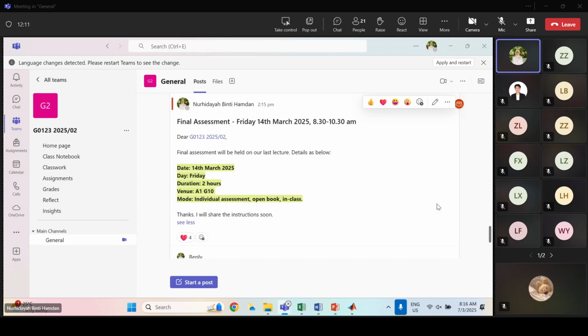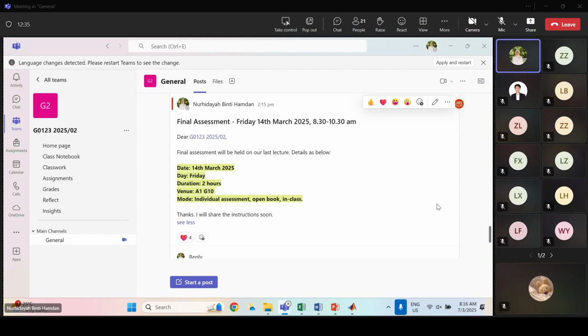I will put your seat number randomly, and I will paste your seat number outside of the class. You will bring your laptop and also all of the material that you want to bring during the exam. And for quiz 3, same format.